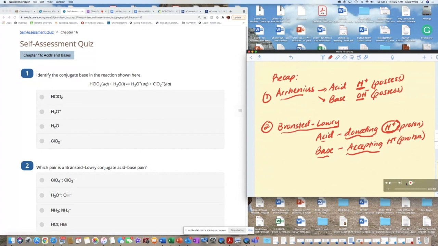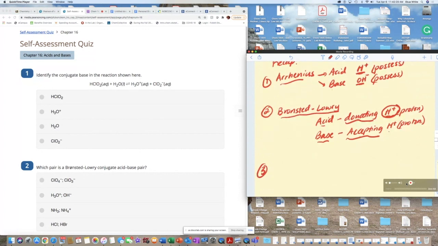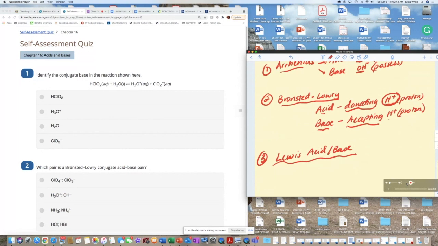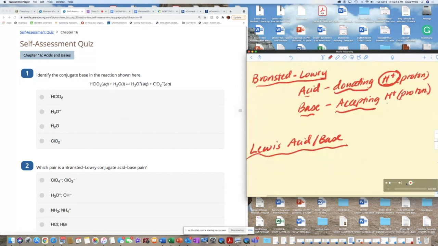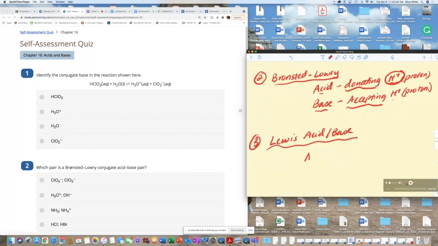Okay. And then number three, we looked at Lewis acid and base. Lewis is an individual. We've seen him before with the Lewis structure, right? Same guy. Lewis loves to represent electrons as dots. In Lewis's acid-base definition, Lewis says an acid is any chemical that can, this time, Lewis is talking about donating and accepting, but his focus is not the hydrogen ion.